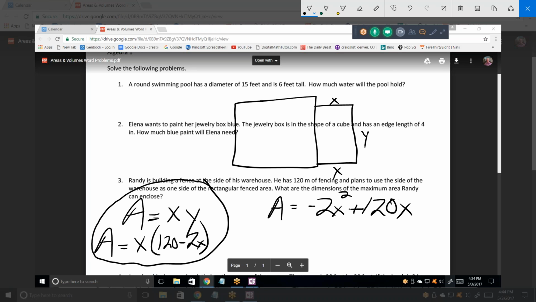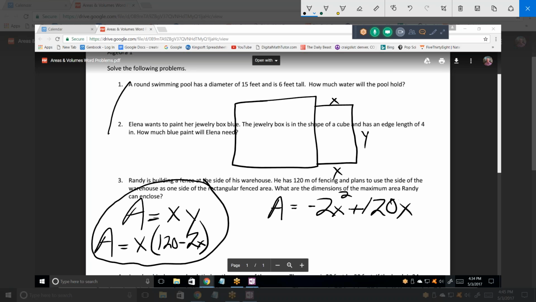Now, we're trying to maximize this function. What kind of function is this? What does it look like? What shape does it make? It's a parabola. And there's one very important thing about a parabola.